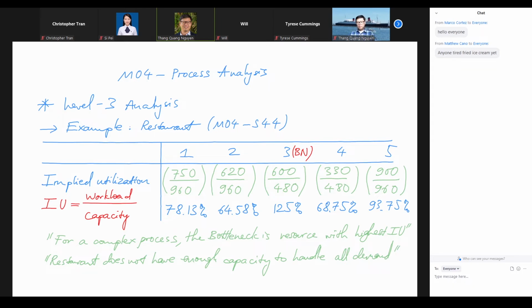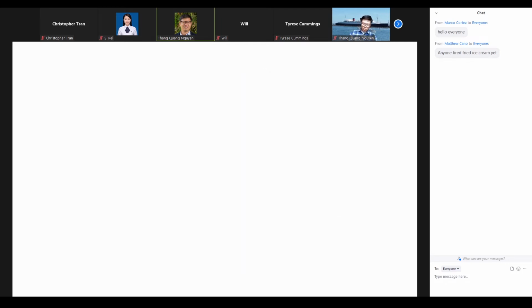All right. So if we cannot handle all demand, then we have to say no to some of the orders. So we can only accept partial demand. So for that partial demand, we're gonna come up with a new concept for the demand acceptance ratio.